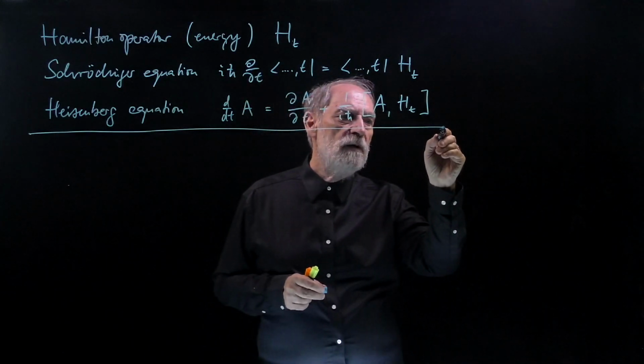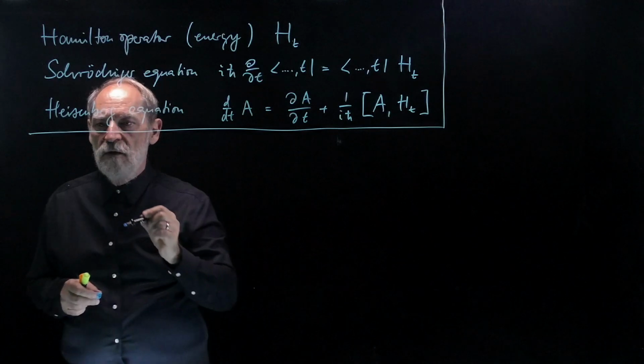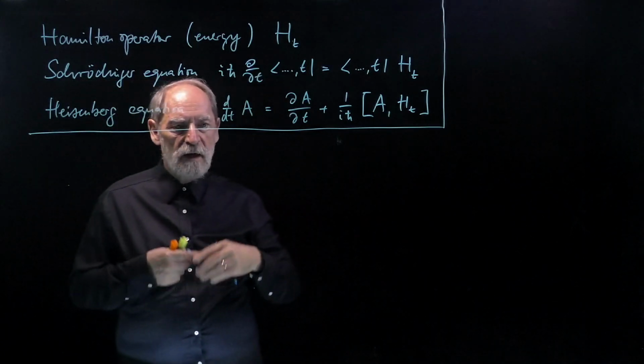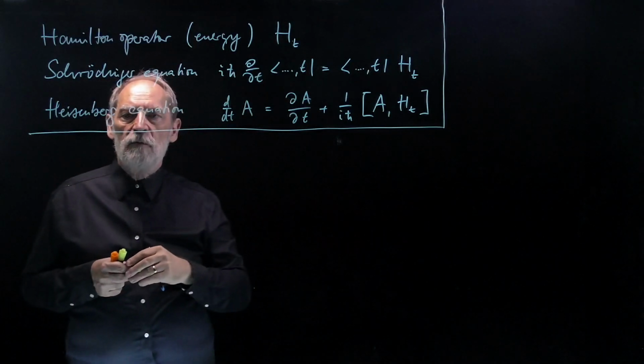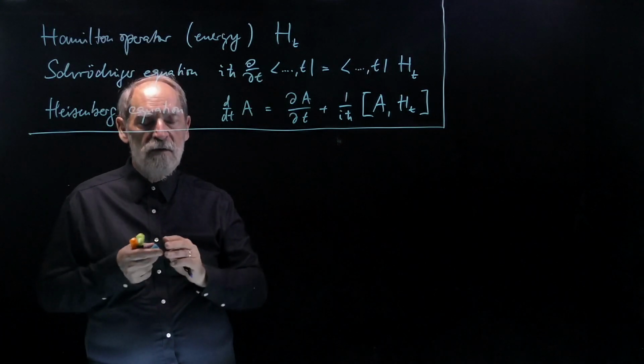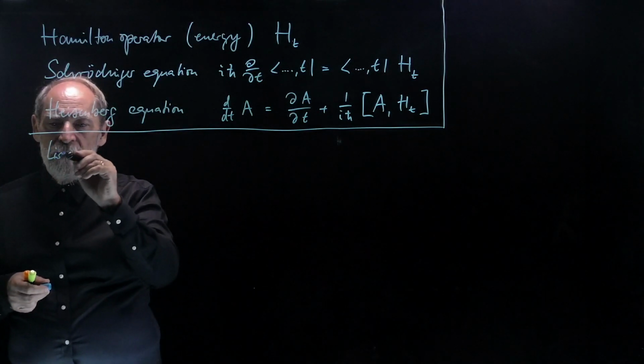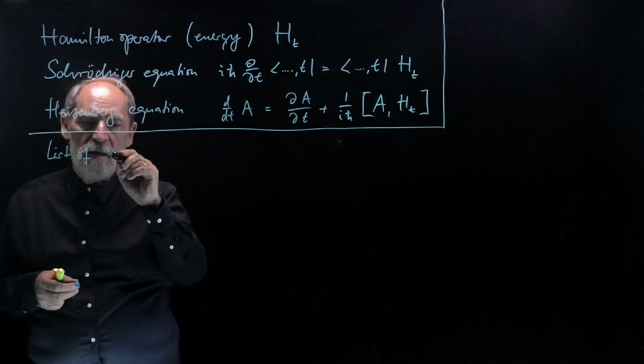So in the example that we discussed, we had the dynamical variables, which were the Pauli operators x and y and z, which we can combine into the Pauli vector operator, for which we use the letter sigma, and so forth. Now, more generally, we have a list of dynamical variables.